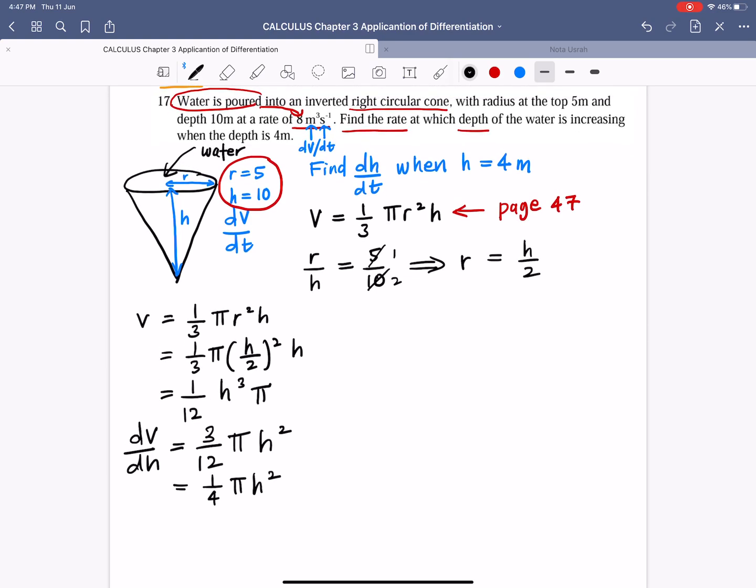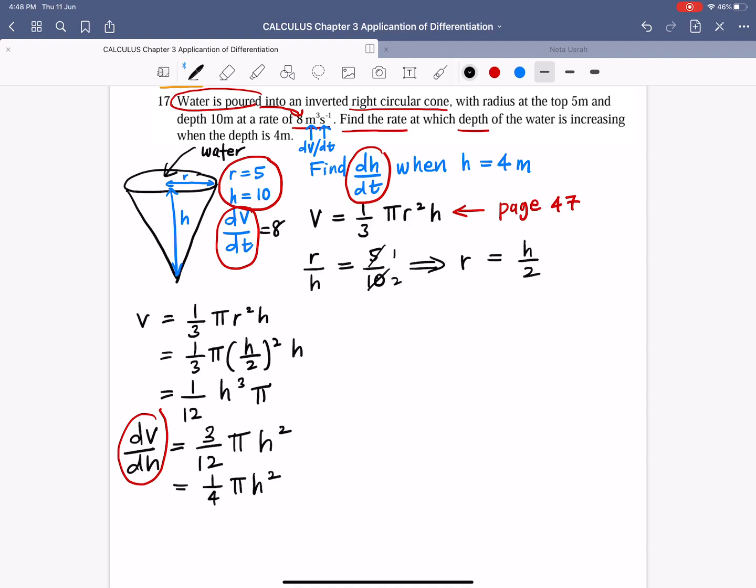Just now I left one more piece of information, sorry. We know that dV/dt, based on the question, equals 8 meter cube per second.